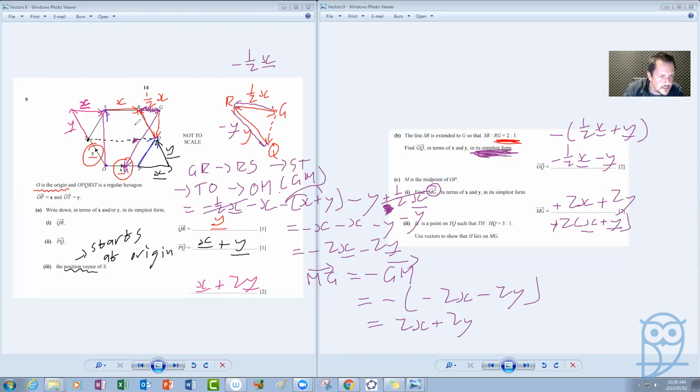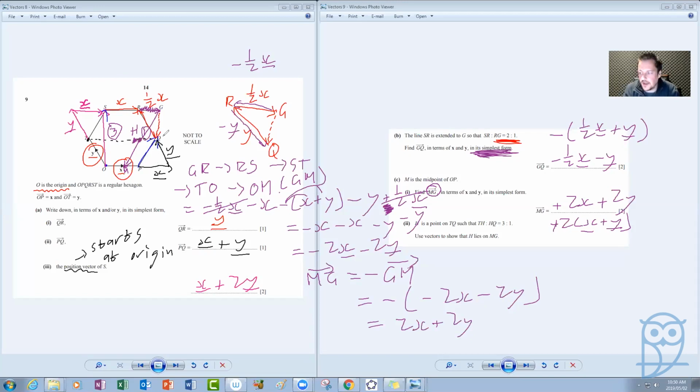So there's my point Q, my point H. So TH to HQ is 3 to 1. So that is 3 times as long as that length is. Use vectors to show that H lies on MG. So I was close. That point should actually be over there.